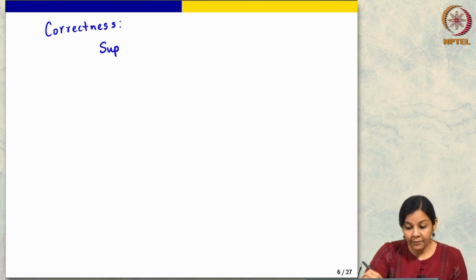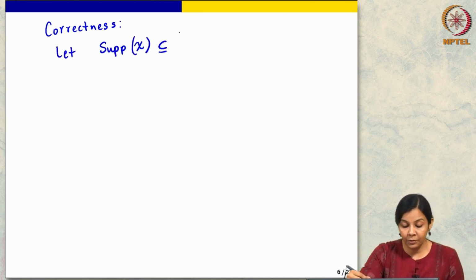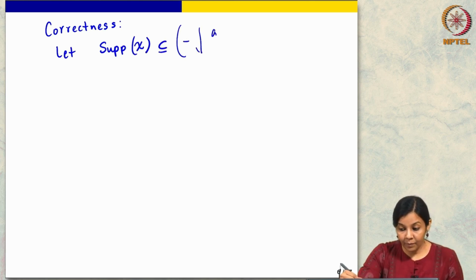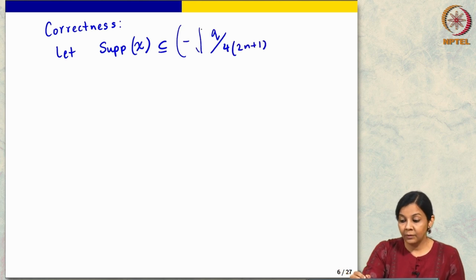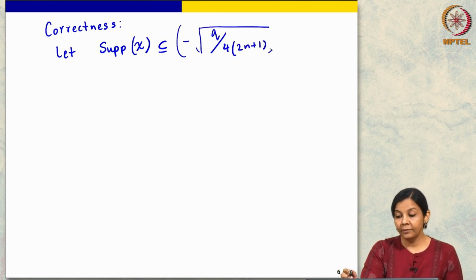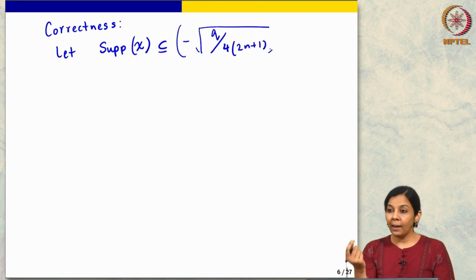Let me say that the support of chi, again not getting into the distribution of chi, is this: for any sample chosen from chi, I can bound its value.